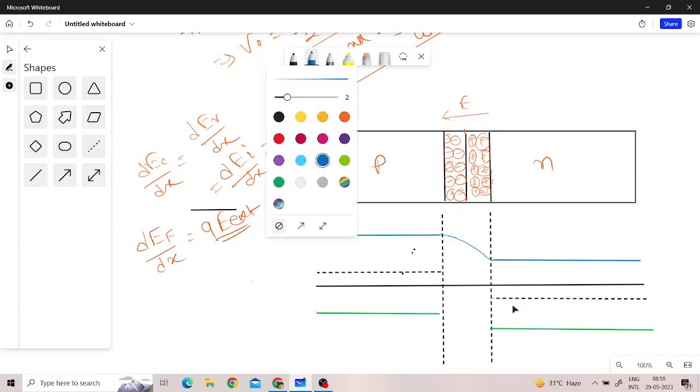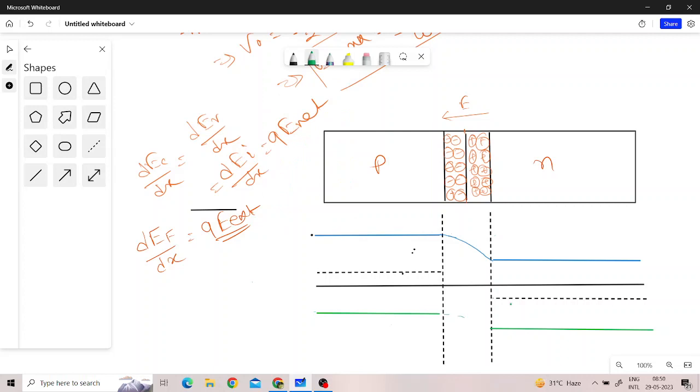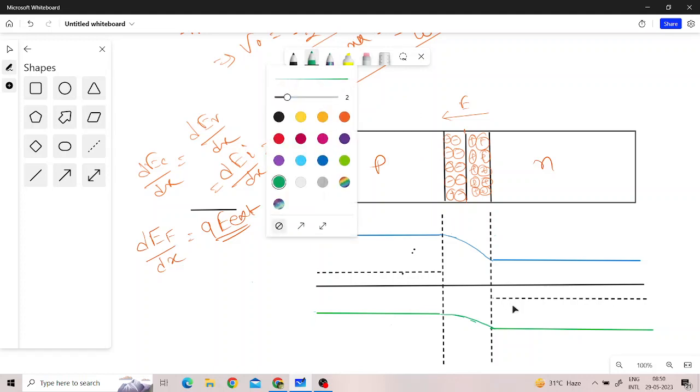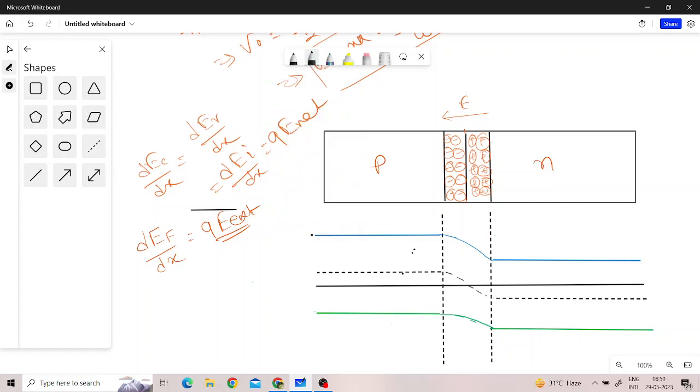Now similarly there will be bending in the valence band also, in the similar way. And in the intrinsic Fermi level also there will be bending. So this is what the band diagram will actually look like.